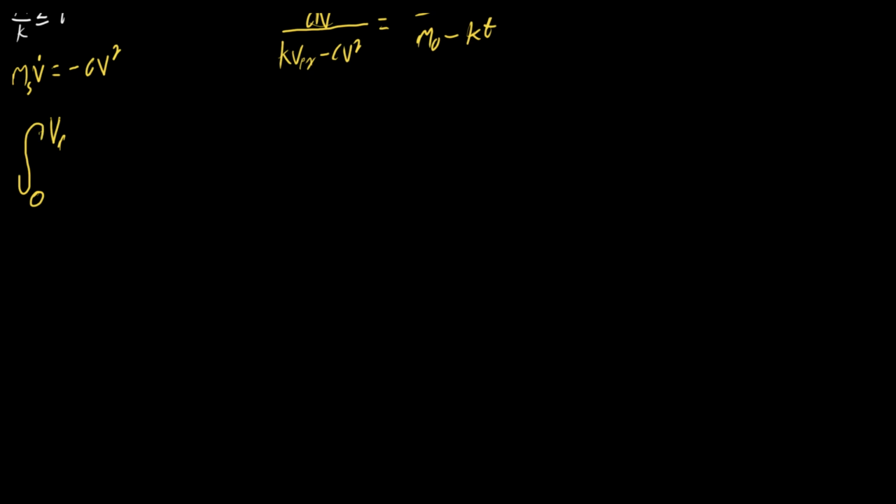So we're going to call the upper bound vr, just some arbitrary vr that's somewhere in between the times 0 and m naught over k. You can think of this integral as going from 0 to vr, and this is going to give us the final velocity of the rocket in the first stage.